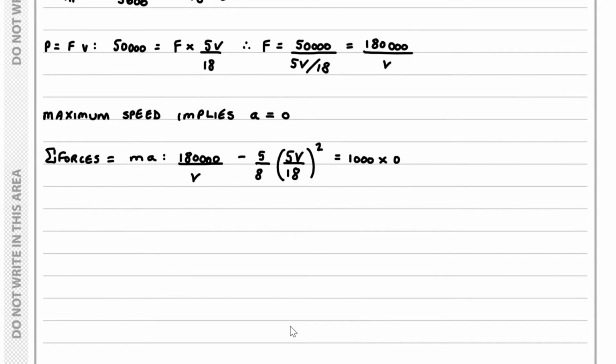So if we tidy all of this up, we've got 180,000 divided by v.